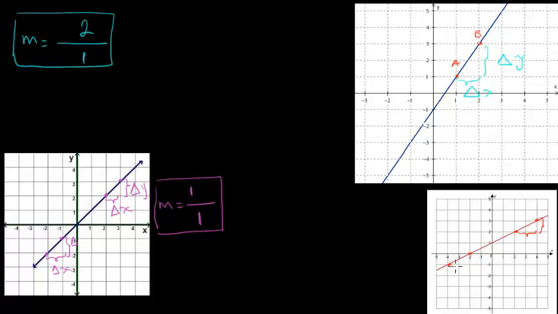This is our X and this is our Y. So we can write that the slope of this line is 1 over 2. And we are done.